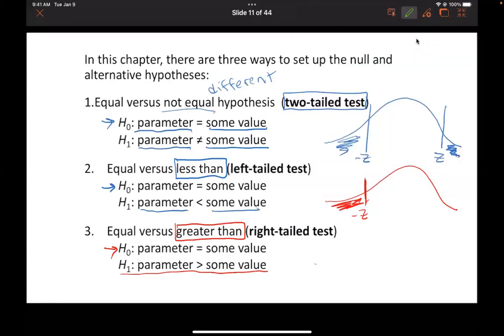If I draw a picture, I'm going to have only a positive z-score up here somewhere. And I am looking for, does my sample land me above that z-score? So there we go. There's our three types of tests. Give you a moment to draw some pretty pictures.